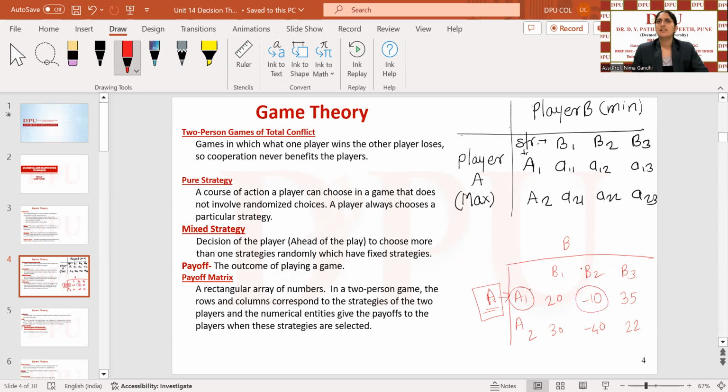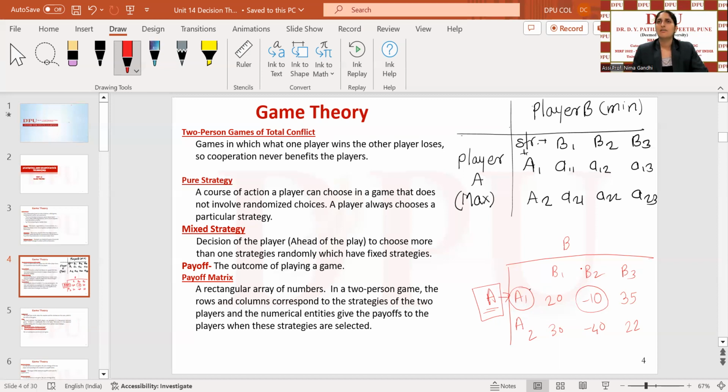When A selects strategy A1, he makes a loss of 10 and the same amount is the profit for B. So when the number is negative, it is a loss for A and a profit for B. When the number is positive, it is a profit for A and the same amount is the loss for B. This is how we read the payoff matrix.